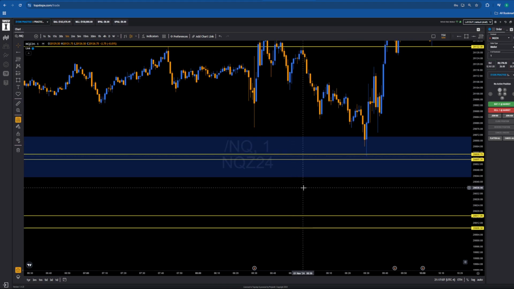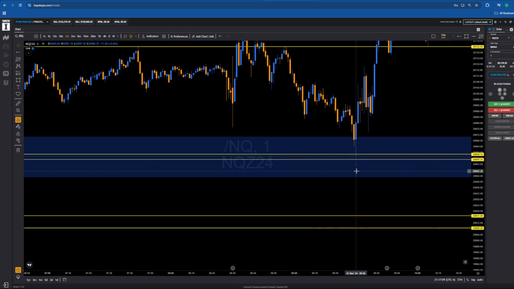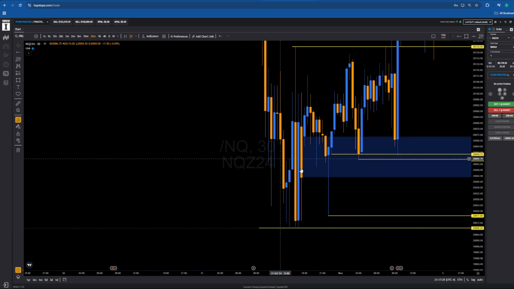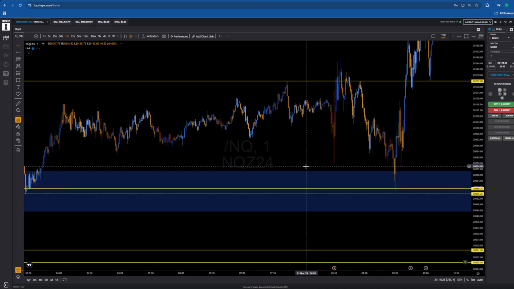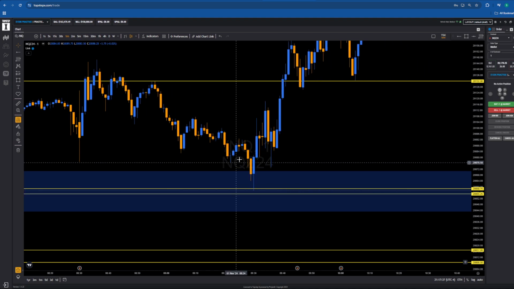So what market did right at the open, it just took the liquidity at this first level, below that 30-minute candle. Basically this candle, it came below it, but it never came below this swing point. So when that was happening, I could understand that, okay, market is not willing to go down.